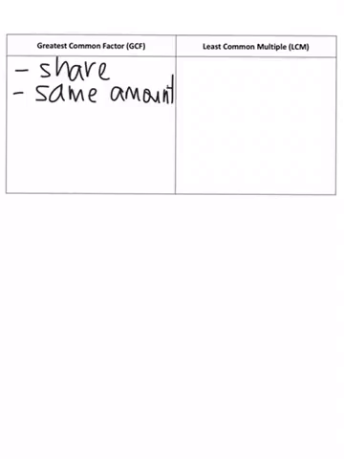So the first thing that you want to look for in a word problem whenever you are looking for greatest common factor is potentially that idea of sharing things equally. You may also see that idea of having the same amount. Again, that would mean that we are sharing things equally. You might also see the idea of just dividing things up.